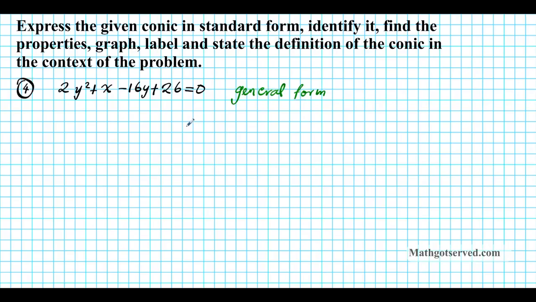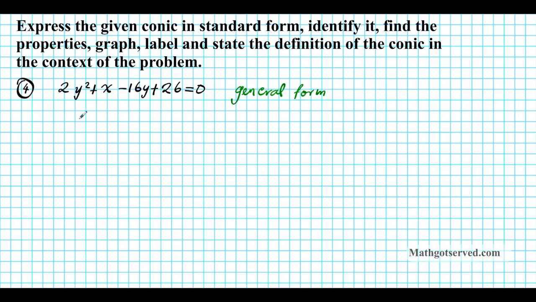In the other conics, we collect similar variables on one side of the equation and move the constant to the other side. But for parabolas, you want to collect the terms with the squared term on the left side, and everything else goes on the right side, okay?